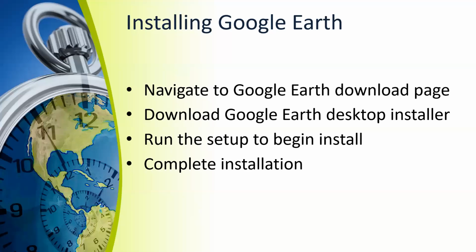Okay. So we are going to begin with installing our Google Earth. The first step that we will take will be navigating to Google Earth's download page. We are going to do that together. And then we are going to download our Google Earth desktop installer. It's a small installer.